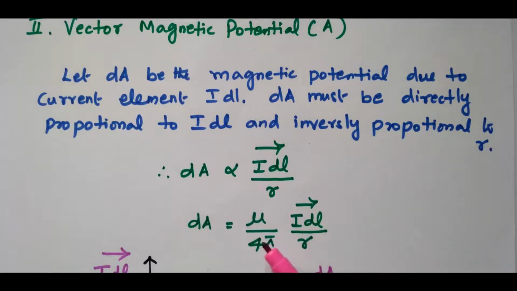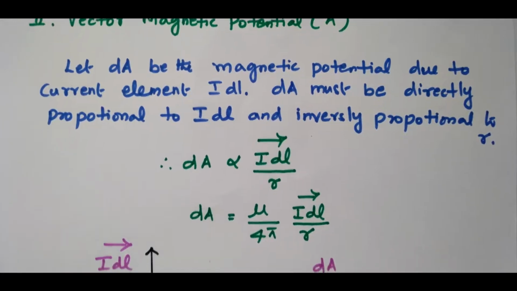While equating, we introduce one constant, mu by 4 pi. So dA can be expressed as mu by 4 pi I dl by r. This dA is the vector magnetic potential only due to the small element I dl. By integrating on both sides, we will get the total vector magnetic potential.